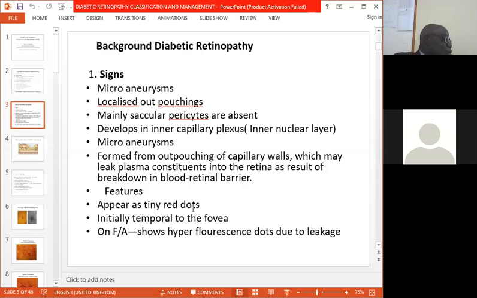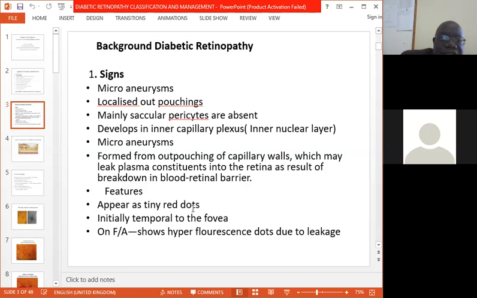So if there is any outpouching, some of the blood now sits in that outpouching. So when you are looking through the retina, when you are doing your fundoscopy, these appear as small red dots.